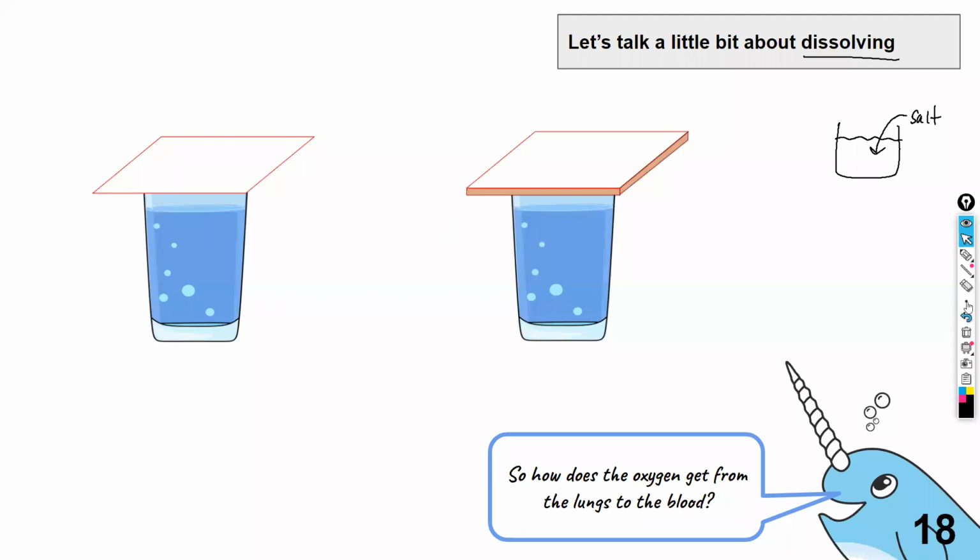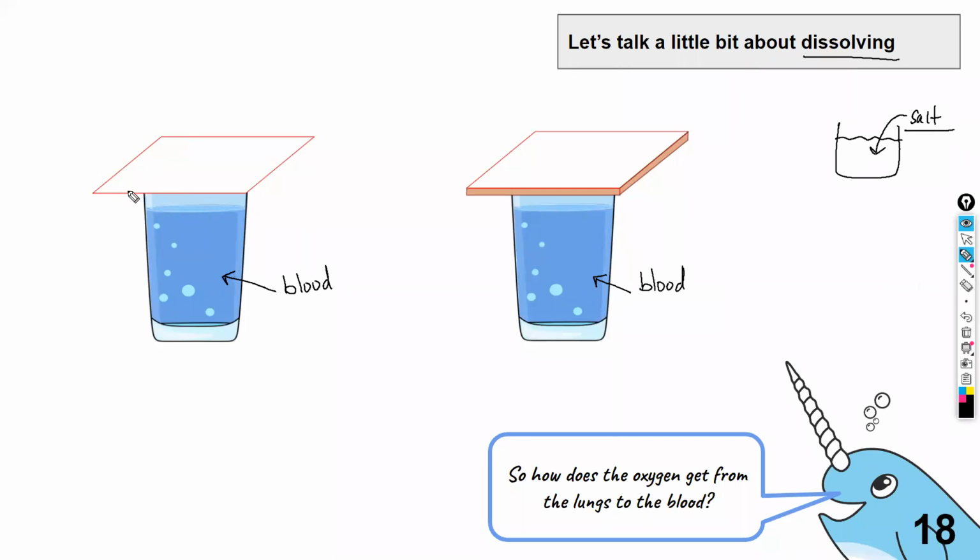Let's take an example here, right? We have 2 glasses of water here. Instead of water, let's pretend this is blood, right? So in both instances, you have what? Blood. I should have chosen a diagram with red in it to simulate the blood, but I couldn't find a free diagram. Let's say instead of oxygen, let's talk about salt.